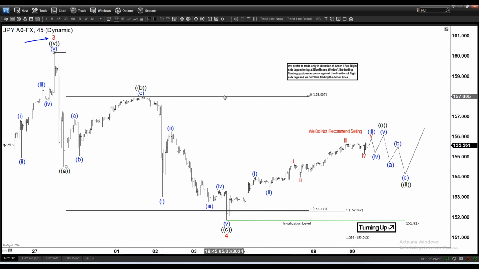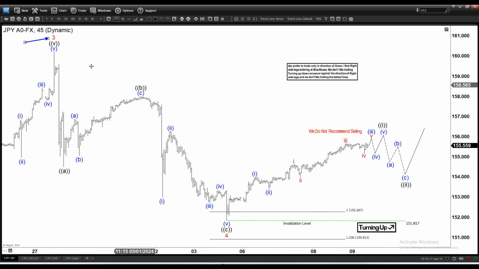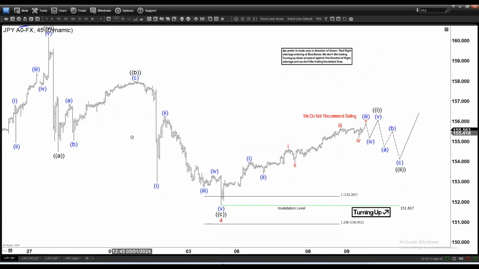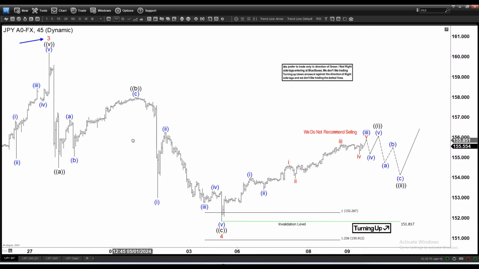So I think we can call this structure an ABC, okay, because there is no extension on your third swing. Now, if this is an impulse, it would have been better to be 1-2 with extension to 1.618. That will make it more credible as a 5 ways down.